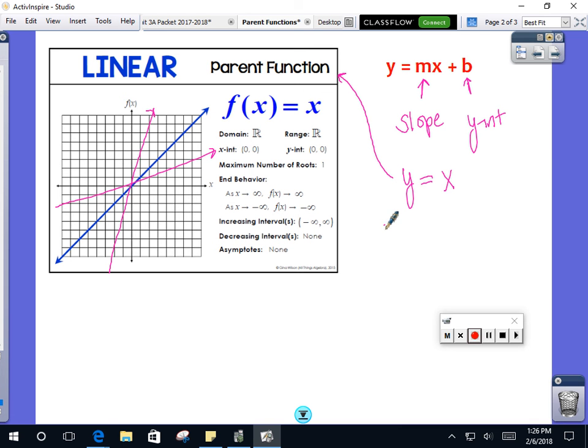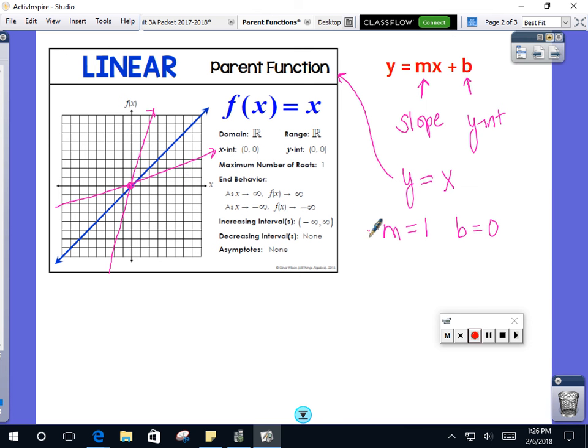Doesn't y equals x have a slope of 1, because there's an understood 1 there, and it has a y-intercept of 0, because there's an understood plus 0? That's why it started at 0, and then from there it went up 1, right 1, up 1, right 1. So this is the parent function for linear functions. It's like the original linear function.